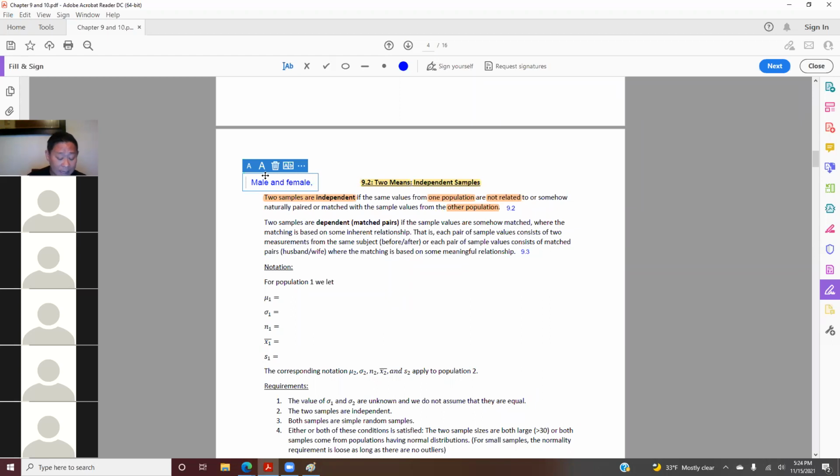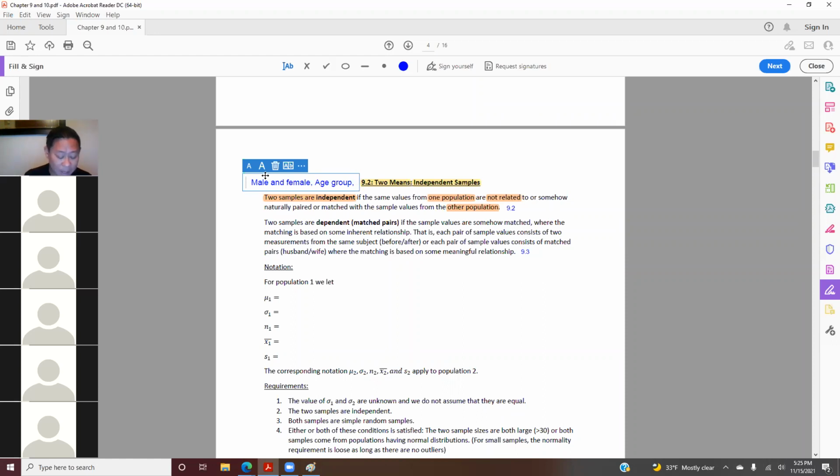Another example is if I break you guys up based on age group. Either you are young or you're old, right? If you are 21 and below, you go to this group. Above 21, you go to that group. I can break you into these two groups. This is called independent groups.